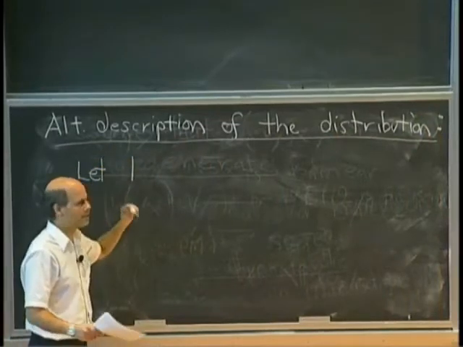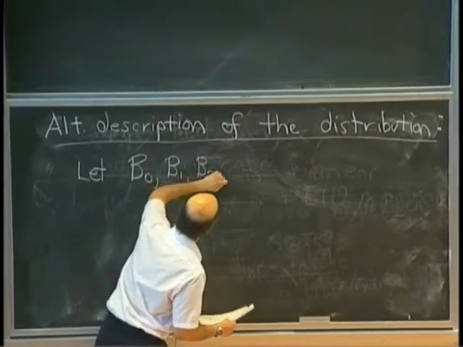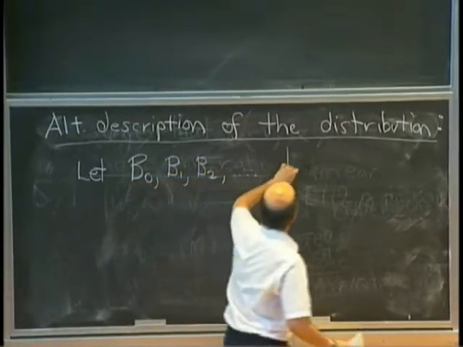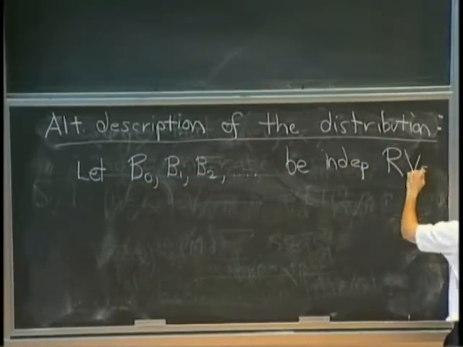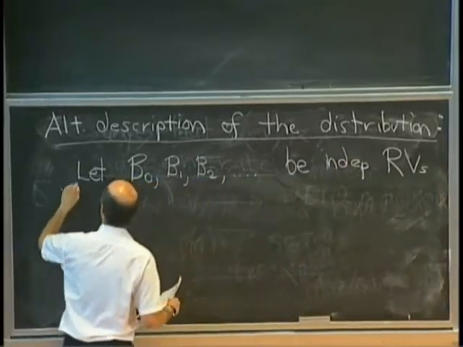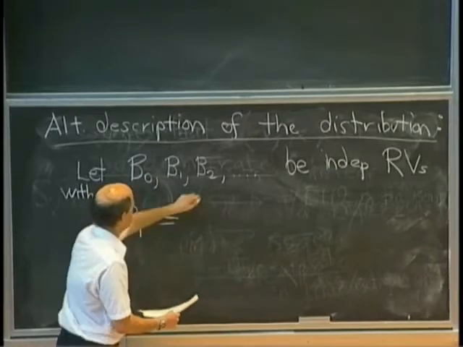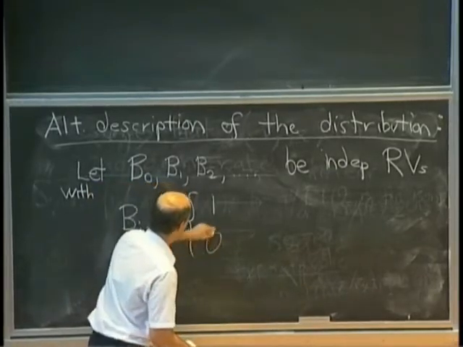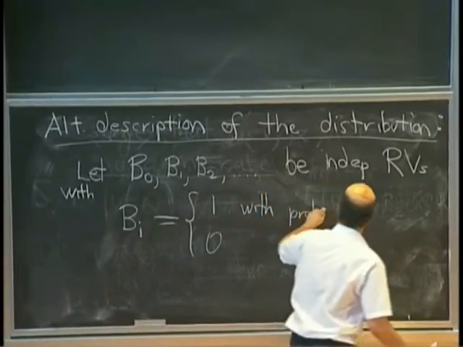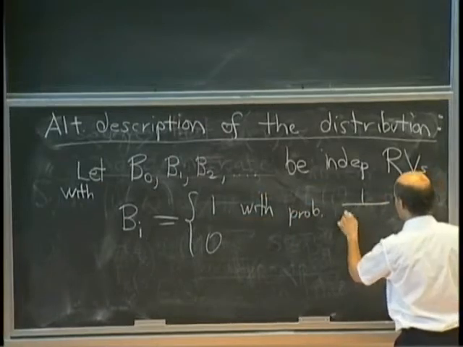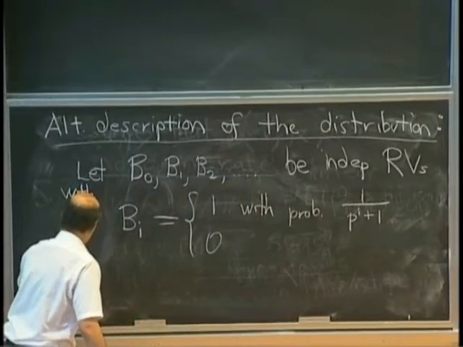You choose a sequence of independent Bernoulli random variables, B_0, B_1, B_2, etc. The i-th one is a Bernoulli random variable, meaning it should be 0 or 1, and choose it to be 1 with probability 1 over p to the i plus 1. And now take all of those and add them up.